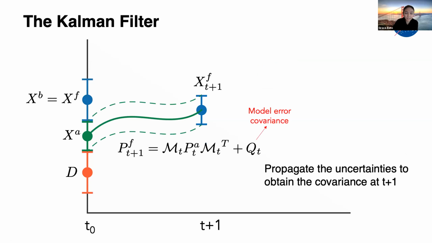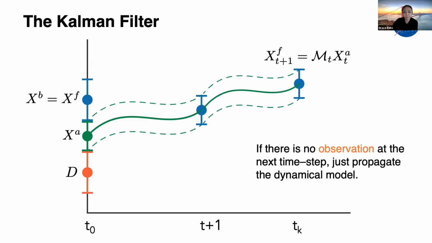So similarly, after propagating the model forward in time, you can also propagate the uncertainties to obtain the covariance at t plus 1. And if there are no observations at the next time step, then you can just again use your dynamical model to predict the next state of the system, as you can see here again.